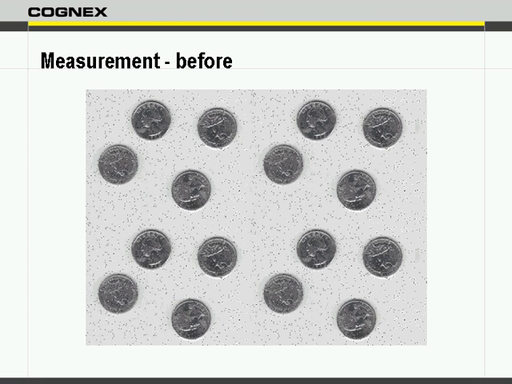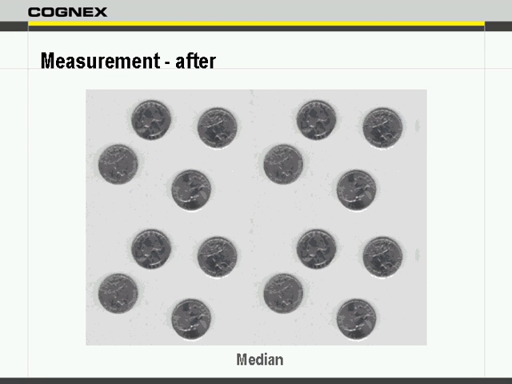For this kind of noise, we have very small spot noise. An excellent filter to use is a median filter. And you can see that in this image, it's gotten rid of all of those spots, but it's left everything else at almost a similar quality as the original image. So the features in the quarter haven't been destroyed.